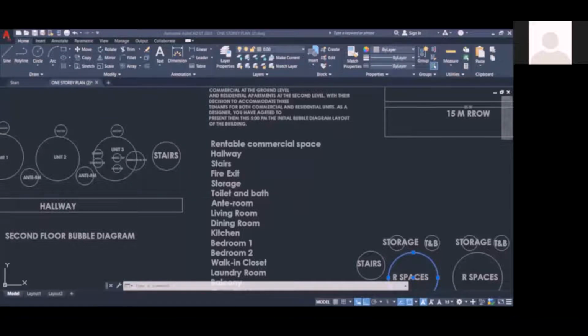So mamaya magbibigay ako ng floor plan with regards to that specific kind. So hanapin ko muna. But yeah.